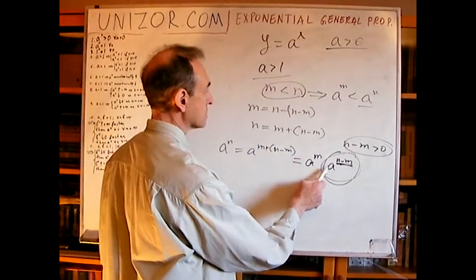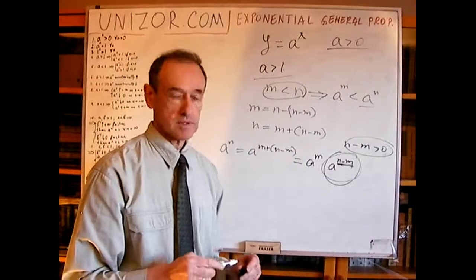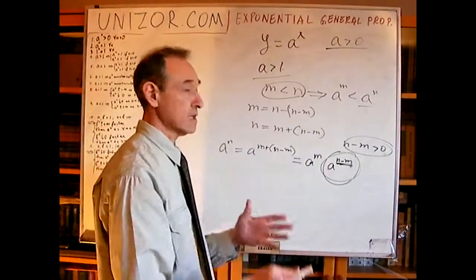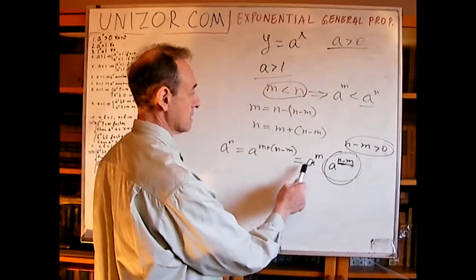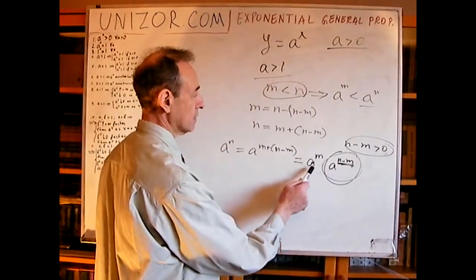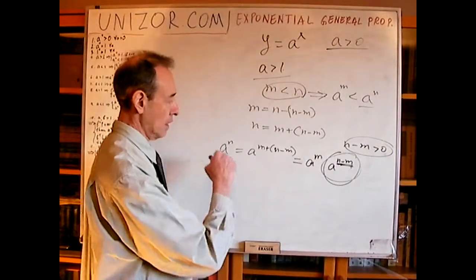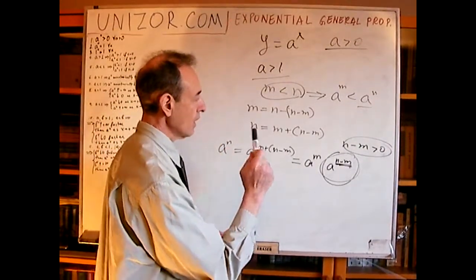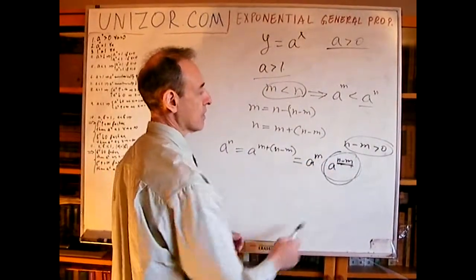It's a base which is greater than 1 to the positive exponent, positive power. The result is, based on whatever we were just talking about before, greater than 1. Since it's greater than 1, then a to the power of n is greater than a to the power of m, since this multiplier is greater than 1.